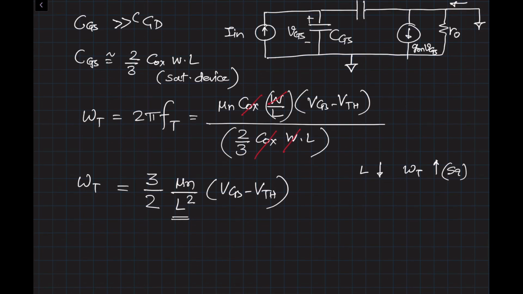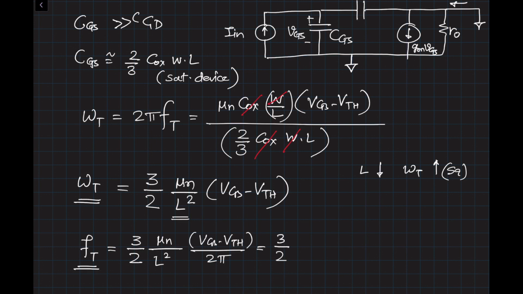Let's take a quick example before we close. For example, Ft will be equal to 3 divided by 2. Here I'm talking about hertz, and omega t is in radians per second, so there is a 2 pi factor that we have to take into account. So let's take an example of a recent process, L square.